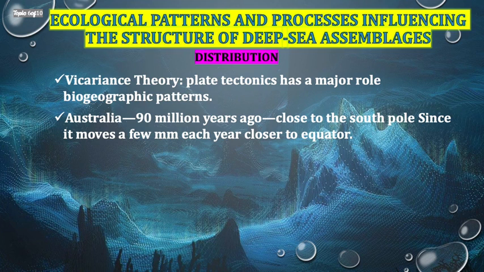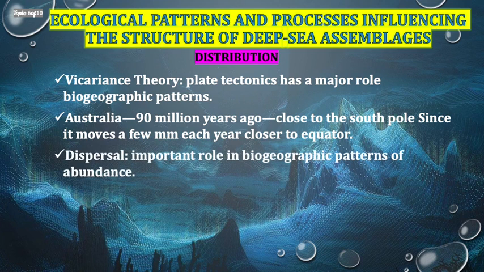For example, in Australia, about 90 million years ago, Australia was close to the South Pole, but every year it moves a few millimeters away from the South Pole and drifts closer to the equator. And that actually influenced the distribution and dispersal of marine organisms in that particular biogeographic region.